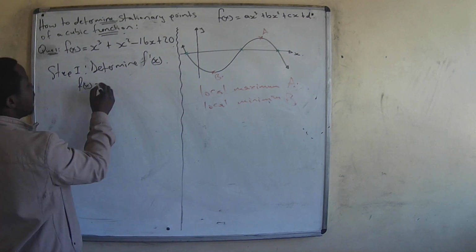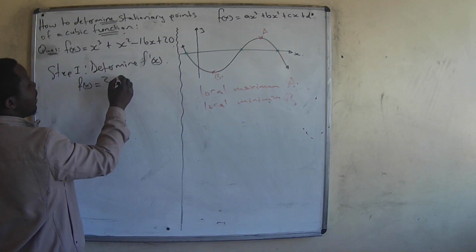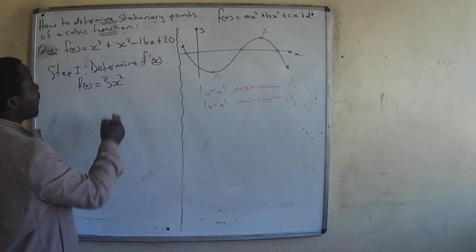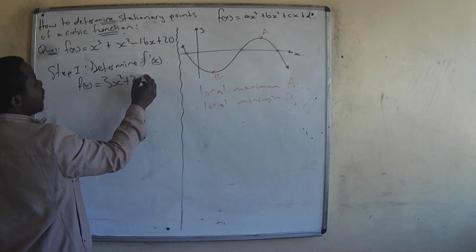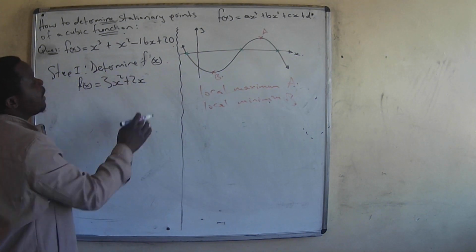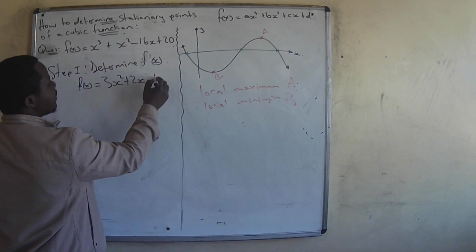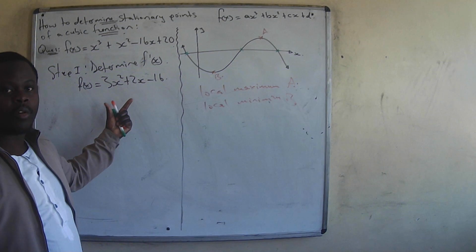It is going to be 3, drop down the 3, x to the power 3 subtract 1, you get 2, so 3x squared. Then drop down the 2, plus 2x, 2 minus 1 gives 1, but we don't normally put exponent 1. And then finally minus 16. So this is our derivative of f of x.